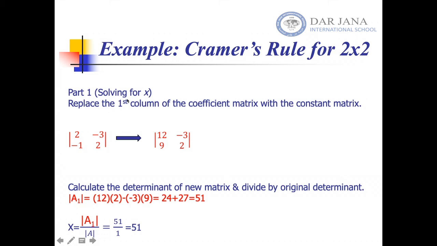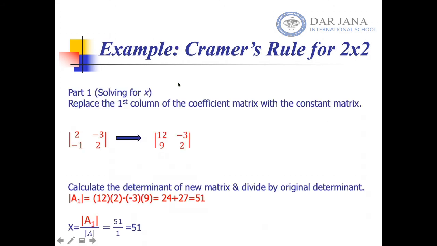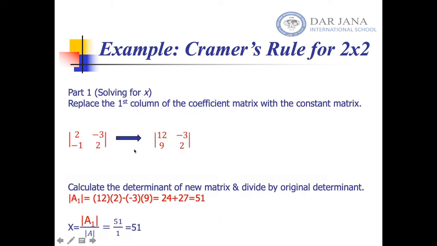Second step, solving for x. Replace the first column, because I have x and y. So we replace the first column of the coefficient matrix with the constant matrix. What's the constant matrix? The constant column is 12 and 9. So we replace 2 and negative 1 by 12 and 9.